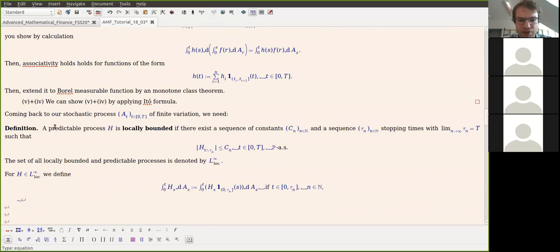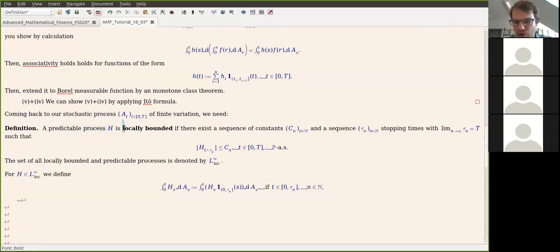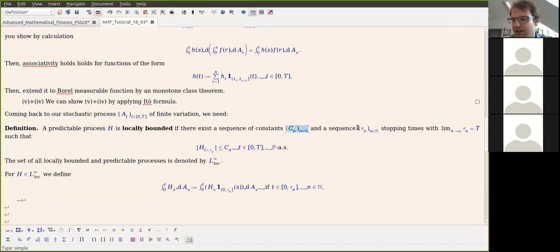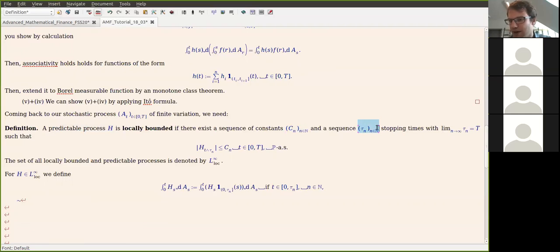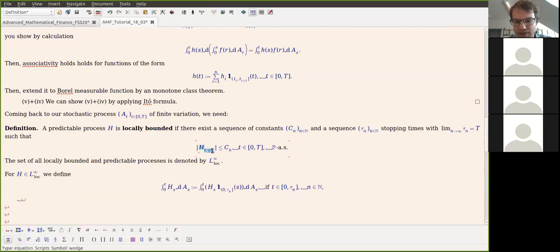So what we do is we restrict the class of predictable integrands to what's called locally bounded ones. Locally bounded means we have a sequence of constants and a localizing sequence of stopping times, converging as n goes to infinity to the terminal time capital T, such that if we stop this predictable process H, it's bounded by the constant C. But the constant might blow up to infinity, which is not an issue, as long as for every localizing stopping time this is a finite object.